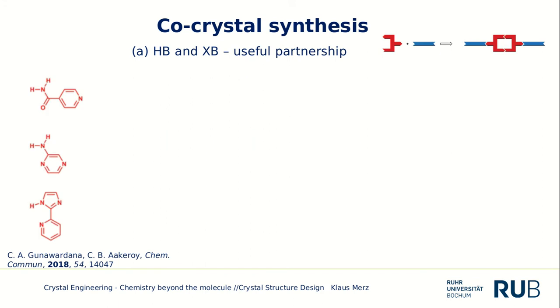I will show you some examples. We are starting here with an amide function, amide here, amino here, and here also amino, and all of them have an aromatic nitrogen. Amide, aromatic nitrogen, amide, aromatic nitrogen, amine, and also aromatic nitrogen.